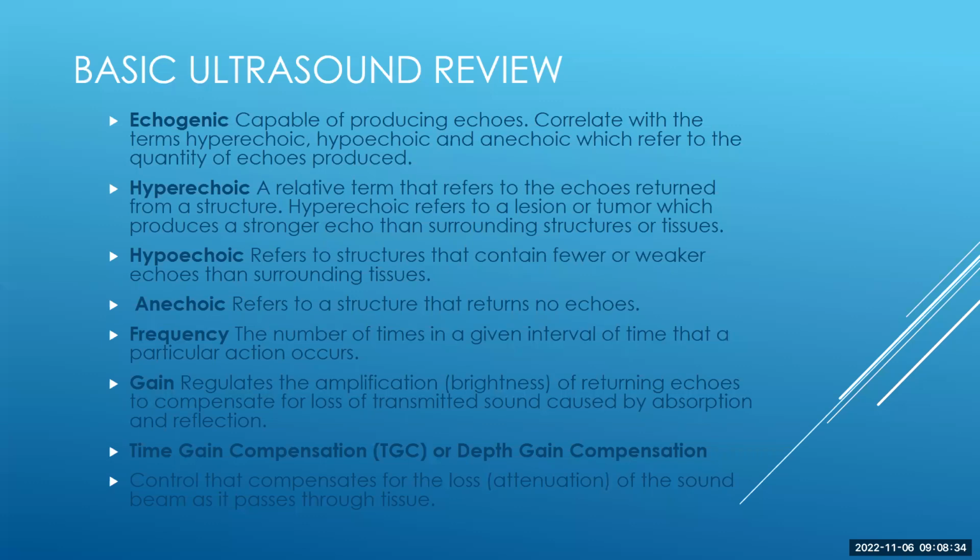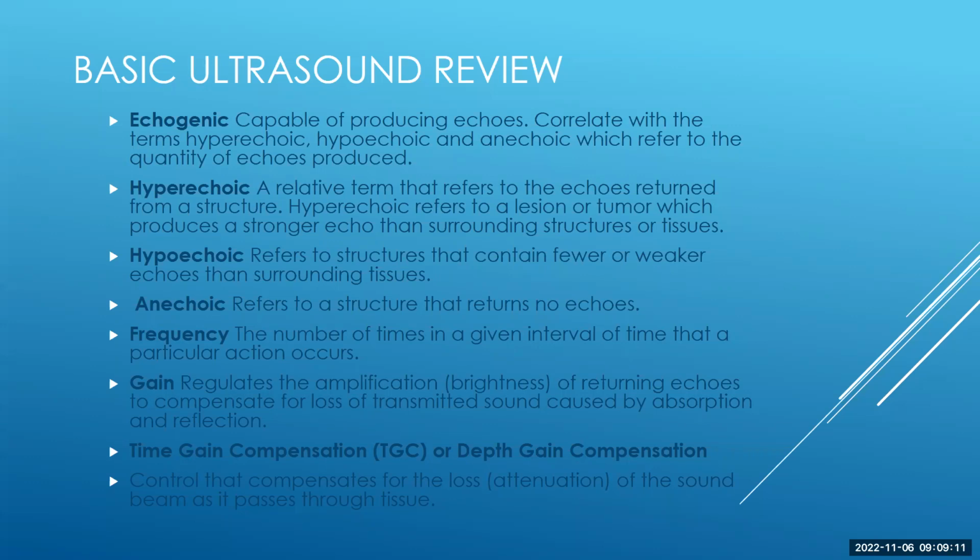With the ultrasound that we're using with our patients, we can think of it hitting something like a bone. It's obviously very dense, and it's going to return the echo sound waves back to the probe in a strong manner. Hypoechoic is like a muscle type structure that has some fluid in it, some striations, and it's going to absorb some of those sound waves and return fewer and weaker echoes from the tissues.